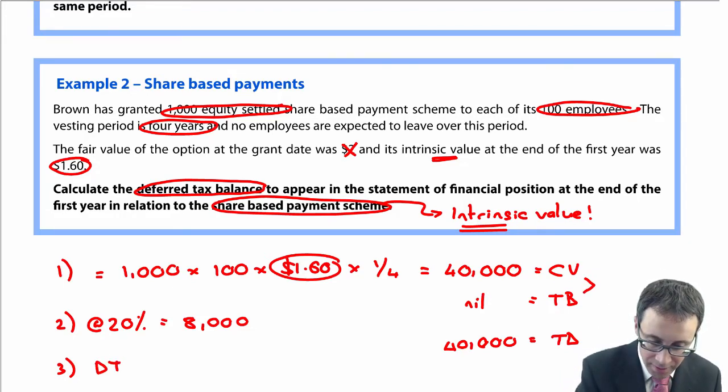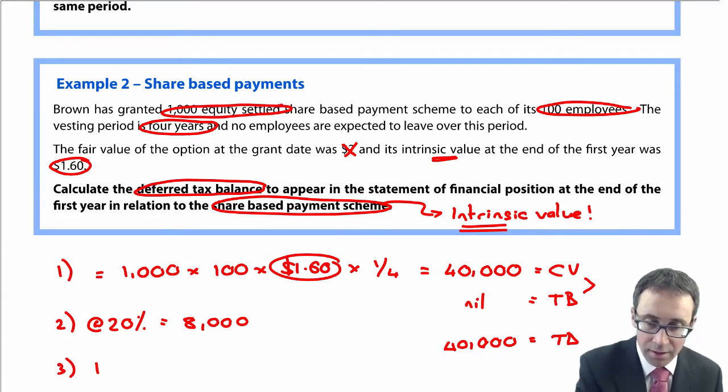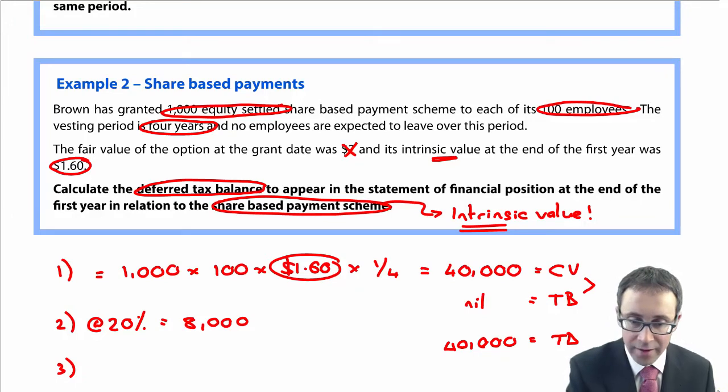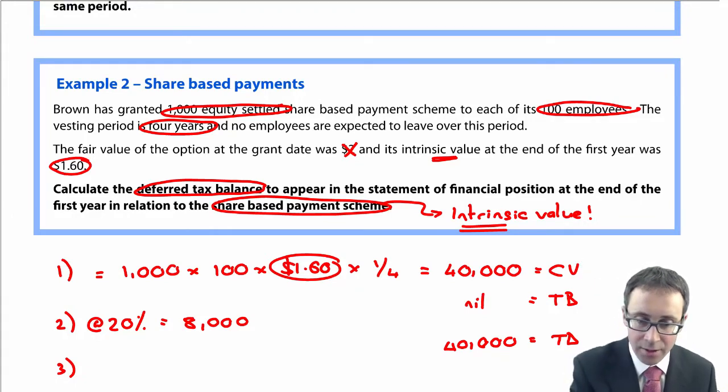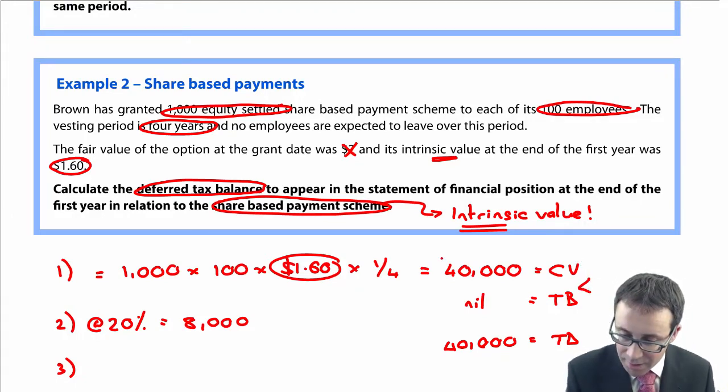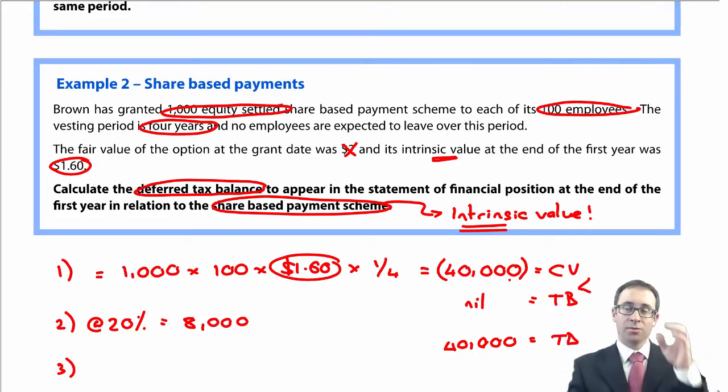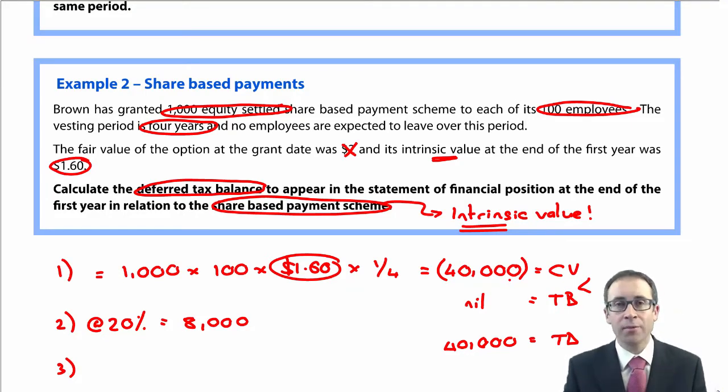It will always be the case. Careful, Christopher. Getting carried away there. The carrying value is going to be less than the tax base, because we're thinking of it there as a deduction, aren't we? It's equity because it's an equity settled share-based payment. That's, if you like, a negative asset. Like a liability is the opposite of an asset.